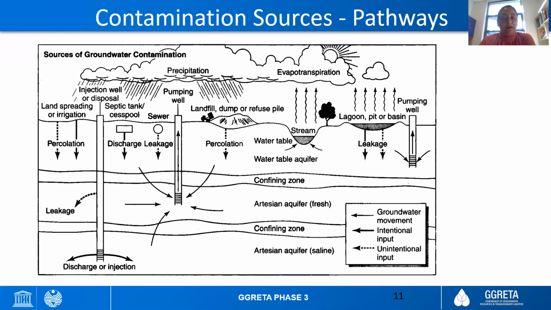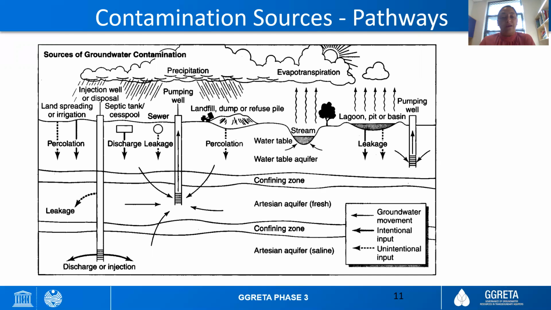If you look at the different types of aquifers here, we have a water table aquifer, which is unconfined. Unconfined aquifer systems are normally very vulnerable. Then we have a confining zone.